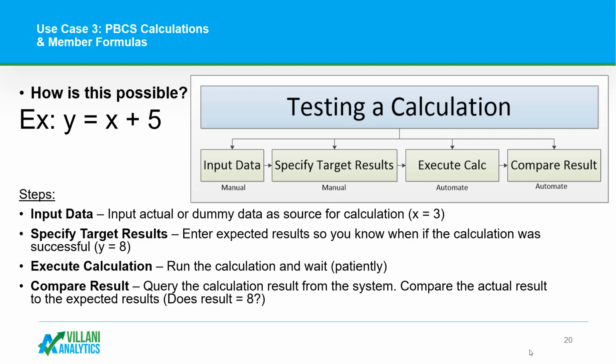So we broke it down into steps of inputting data, specifying target results, executing that calculation, and then comparing the result to our specified target and determining whether we have a pass or fail. Now that we have these different steps, we can say, all right, what pieces are manual versus which can be automated. So inputting data, that's something that we would say is manual, right?